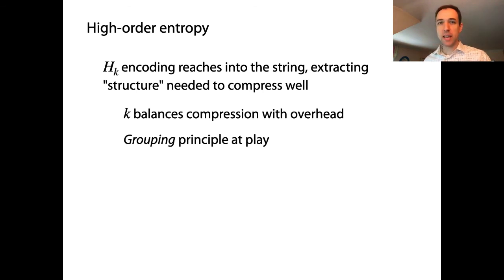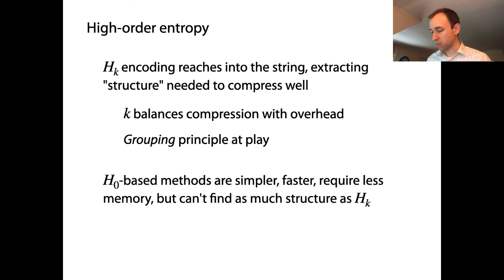The principle at play here, thinking back to grouping versus ordering as the two basic principles, is a little bit more like a grouping principle, right? We're taking the characters that have the same context as a group and then encoding just that group. And the way we pictured it was as this tree where the edges leaving the root node are just labeled with different contexts. So this is a grouping principle-based idea.